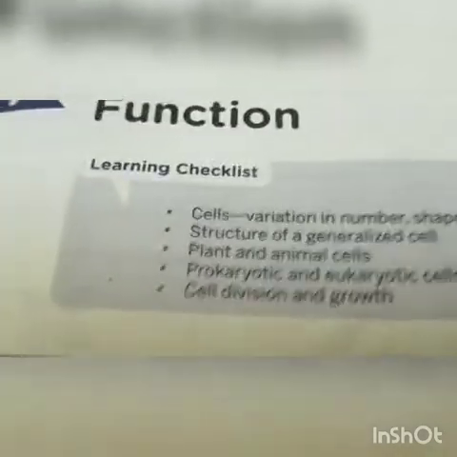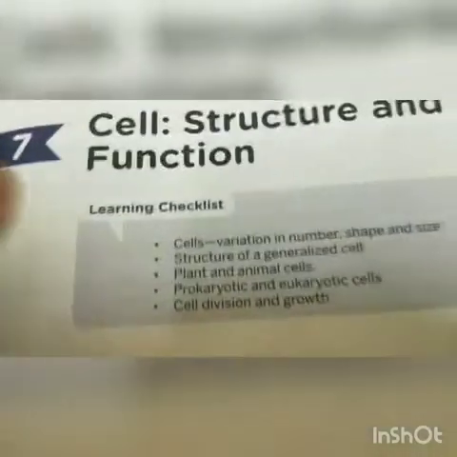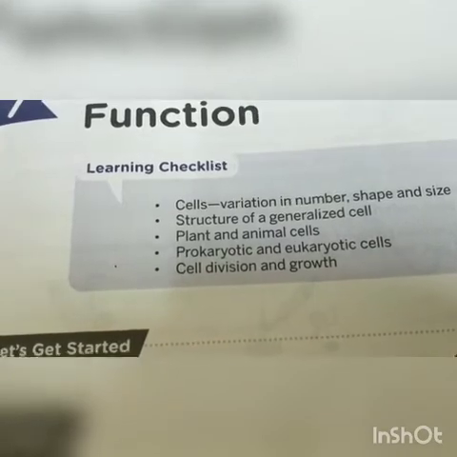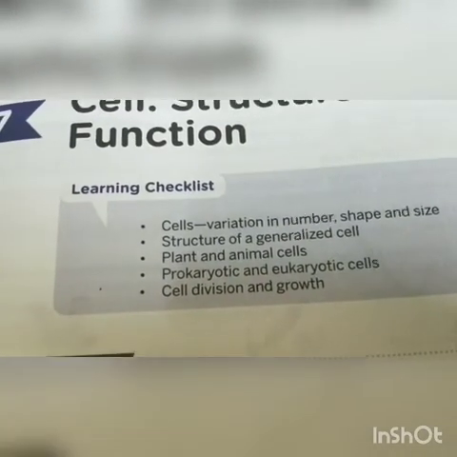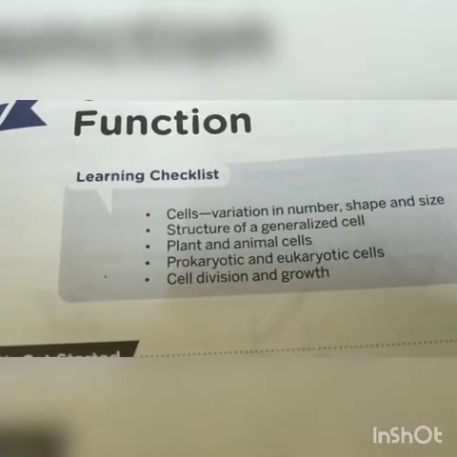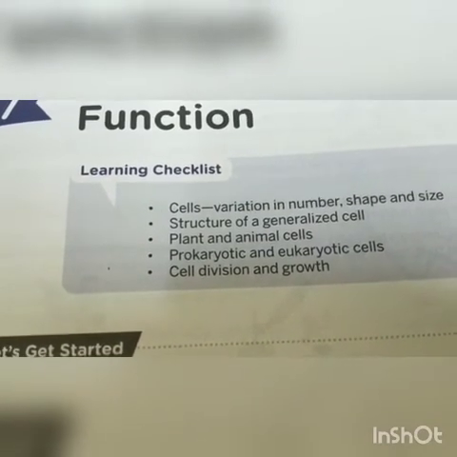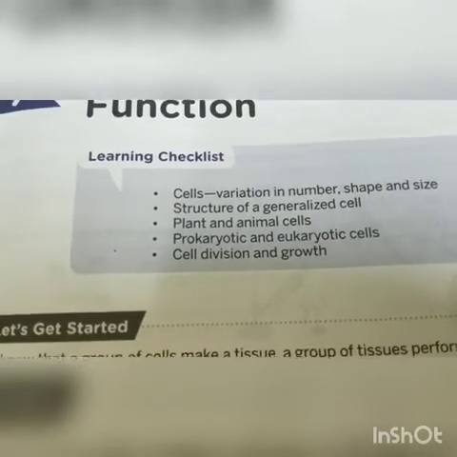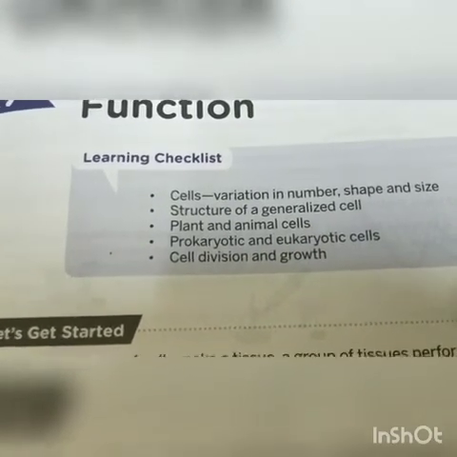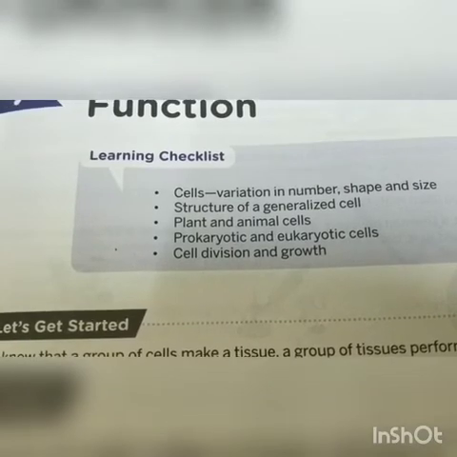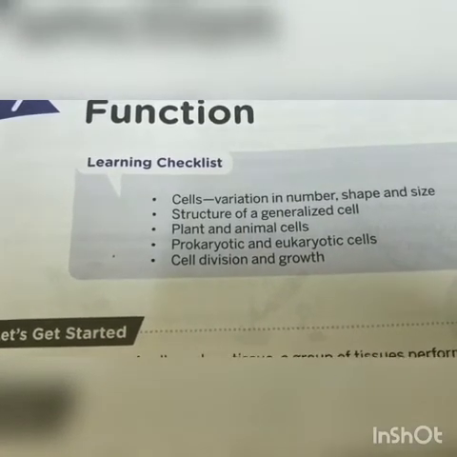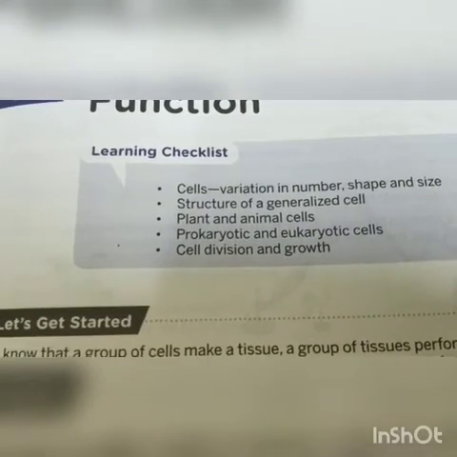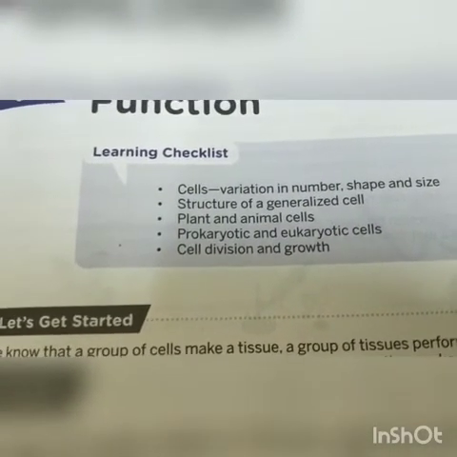Clear? Cell is the basic building block of life. Building blocks means our whole body is made up of millions and millions of cells. Understood? So what is a cell? Cell is the smallest unit of life. It is also called the building block of life, and it is the structural and functional unit of life.